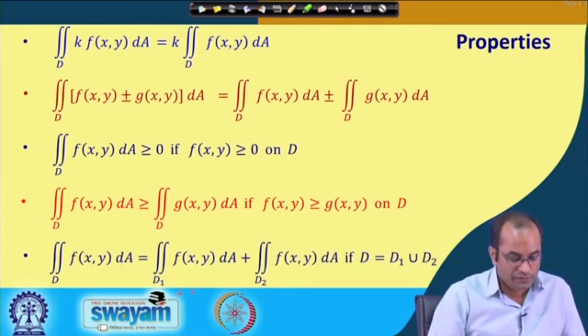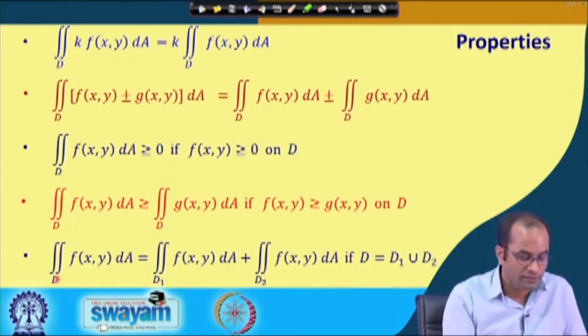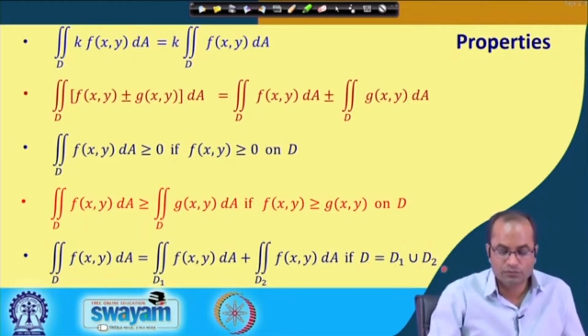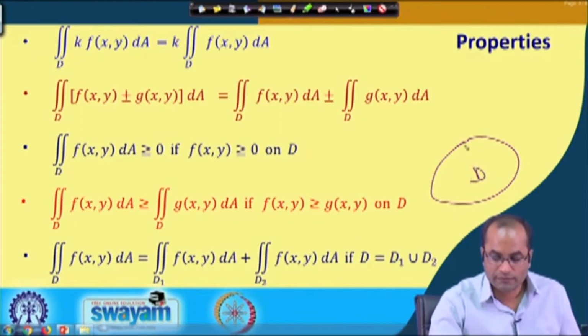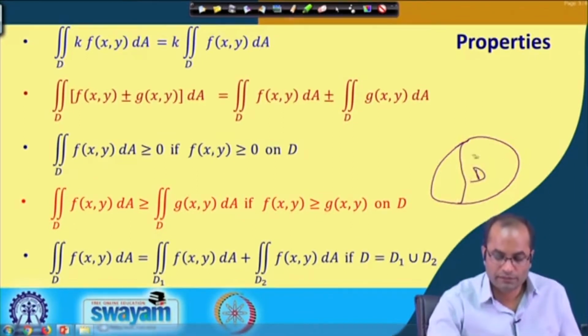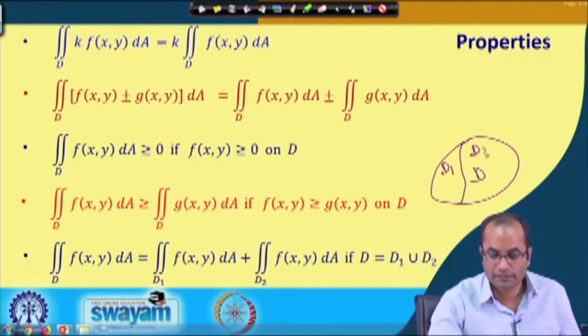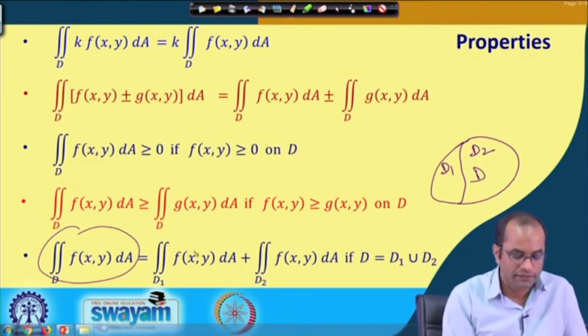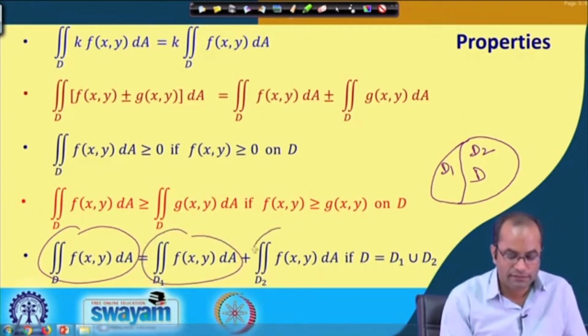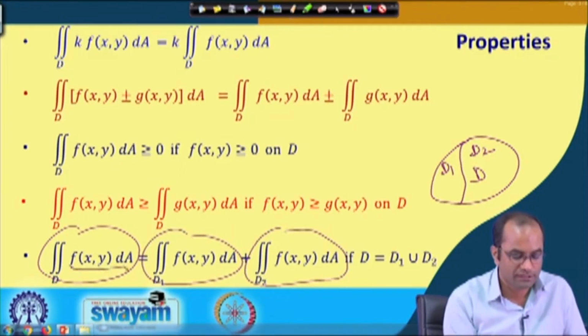The last one which we are discussing here is the additive property. We have this integral over D, and if we break this domain into two parts, for example, this domain D divided into the domains D1 and D2, then the integral over D we can write as the integral over D1 plus the integral over D2, the same integrand, only the region has changed.